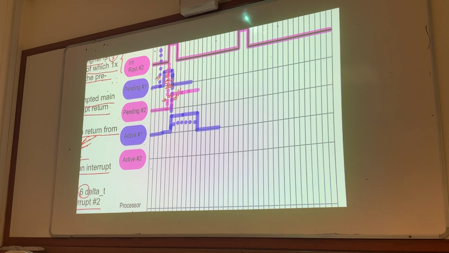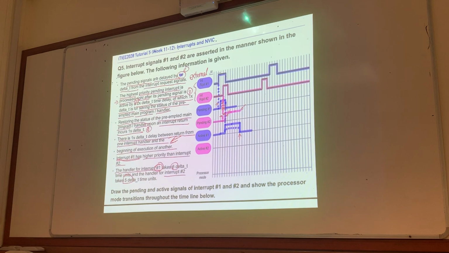Okay, so basically this is the moment your processor finished the first handler. And at this moment, he also knows that, okay, there's one more that he needs to do. So this is the moment, as I said, of switching between the first interrupt and the second. Then how long will it take?